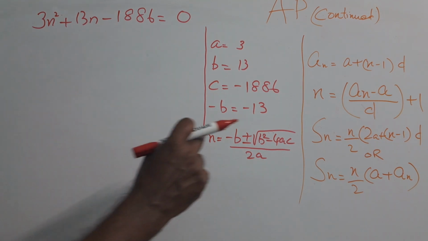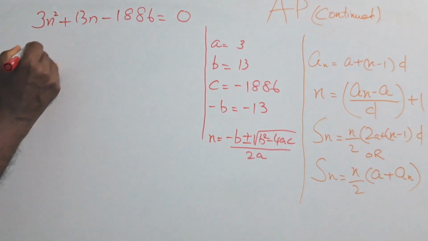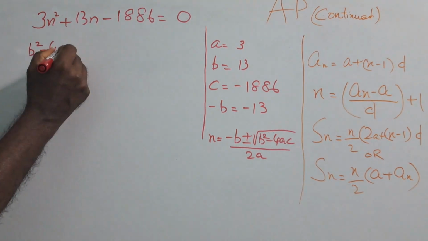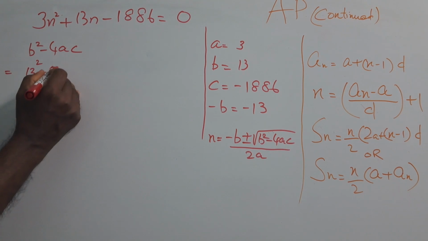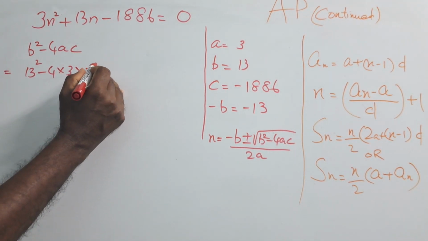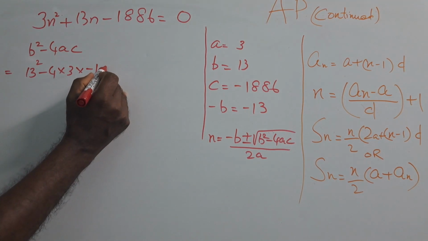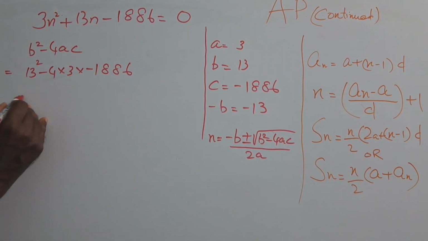First, we need to know the value of B square minus 4AC, which is equal to 13 square minus 4 into 3 into minus 1886.